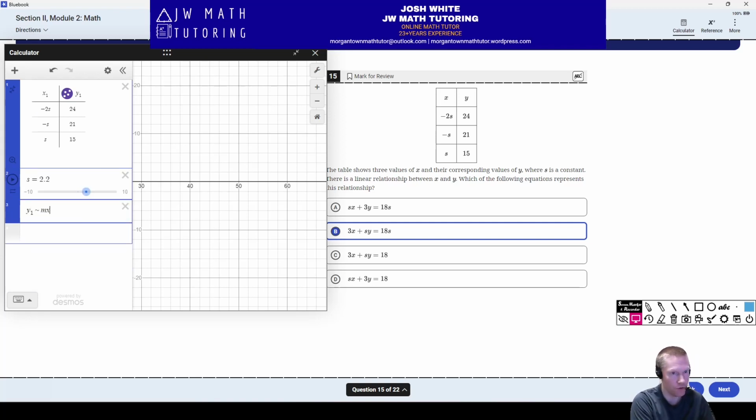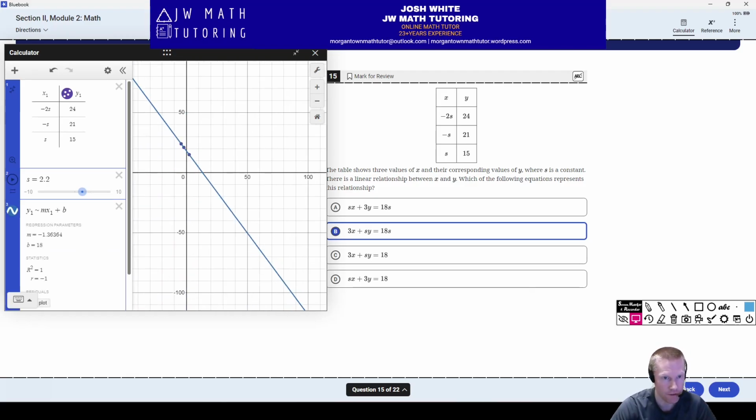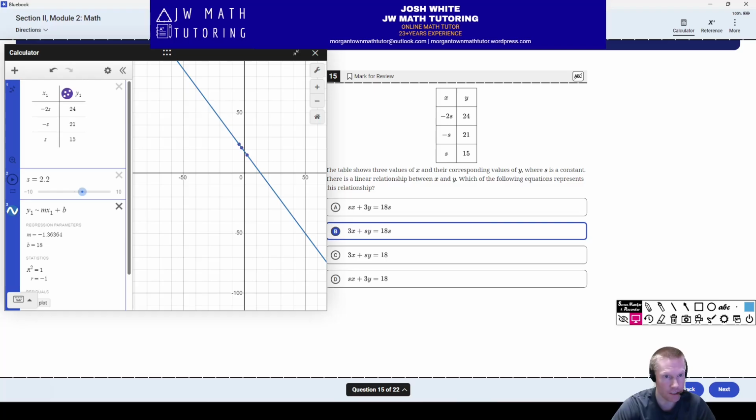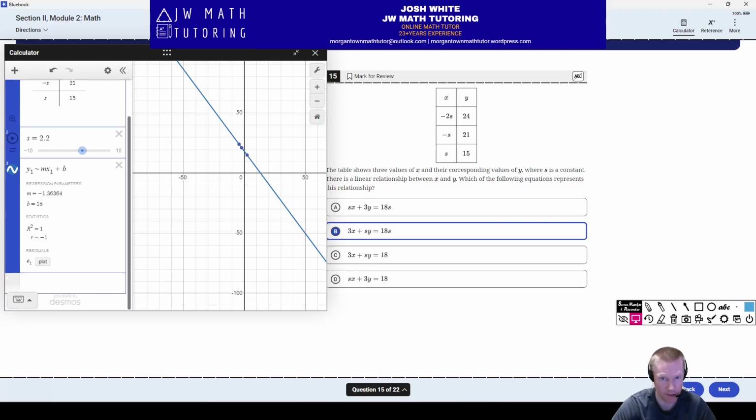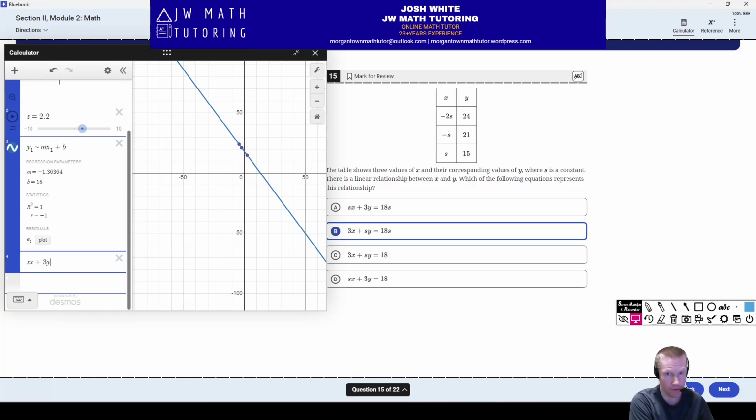Now I am going to do a linear regression. The reason I do this is I just need to get the graph of the line that matches this table. What I will do next is I will graph the various answer choices and I will see which one overlaps entirely the graph I have from the linear regression.